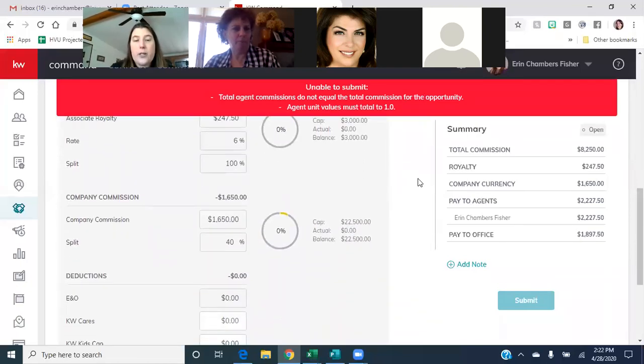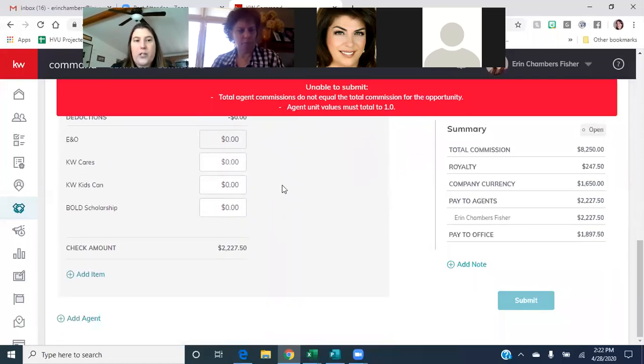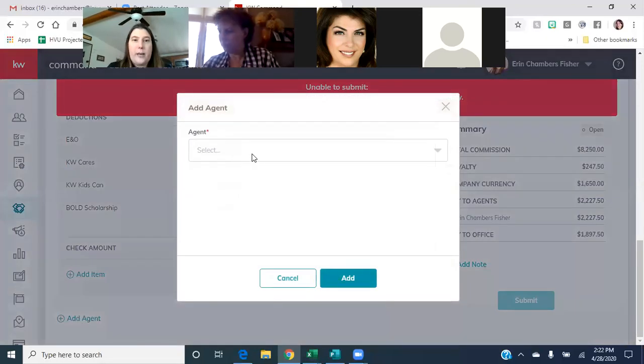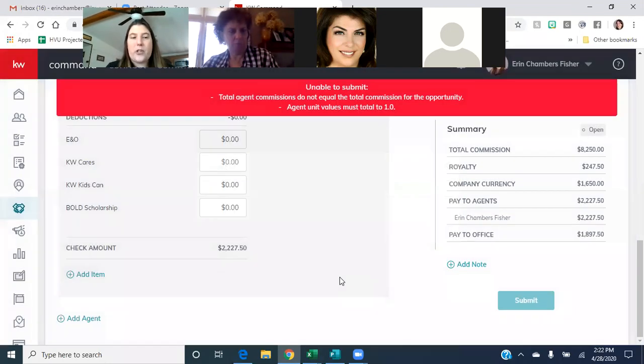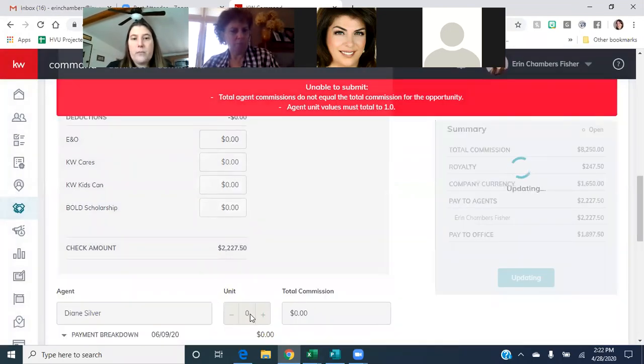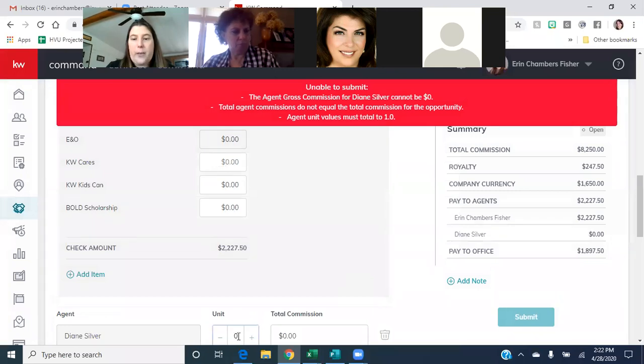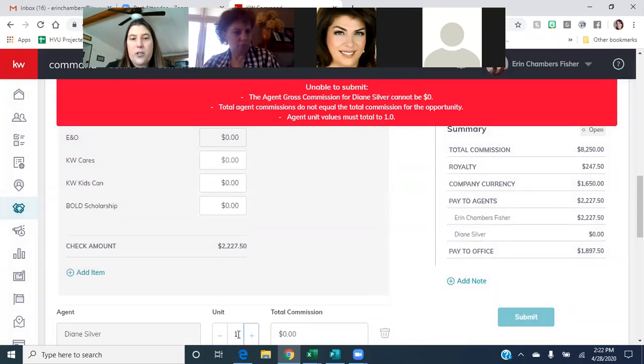And yes, it's going to, but now when you scroll down a little ways, you're going to see a new button that wasn't there before that says Add Agent. You'll be able to select the agent from your office that is the other half of your transaction, and the same thing, you'll be able to put them in at their percentage.